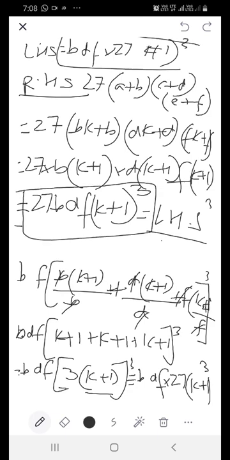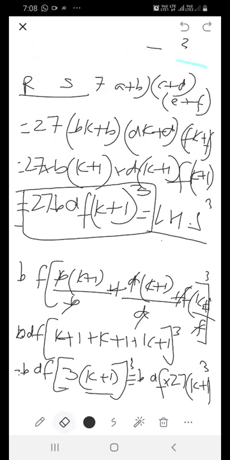See, this is what I have done in your left hand side. That left hand side is BDF into 27, or I can write 27 before also, 27 into BDF into K plus 1 whole cube. So this is how you have to do the proving by the K method.